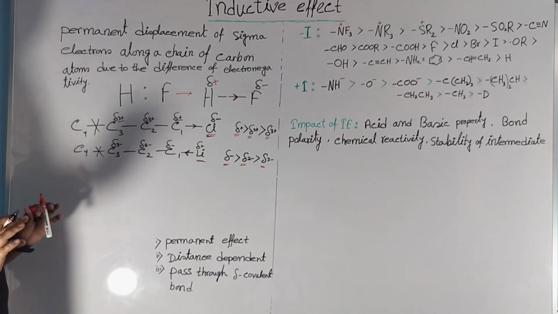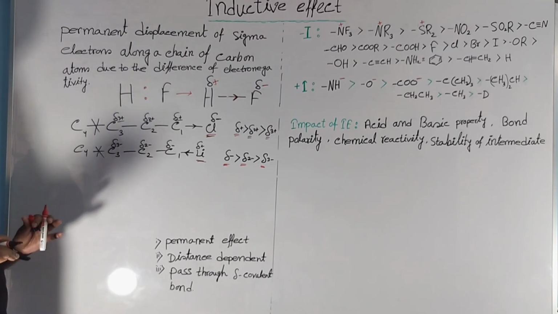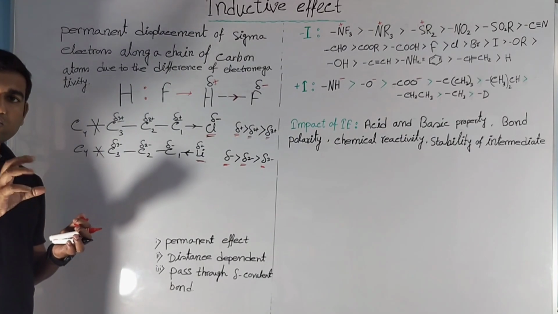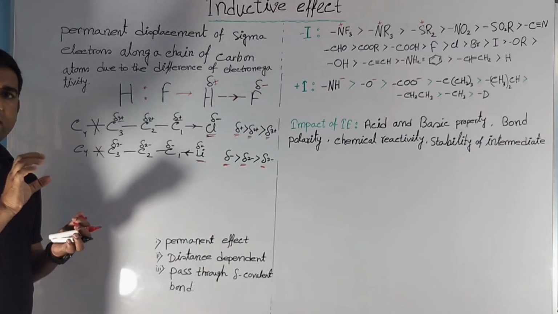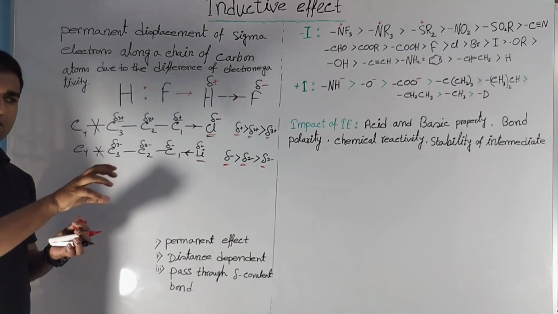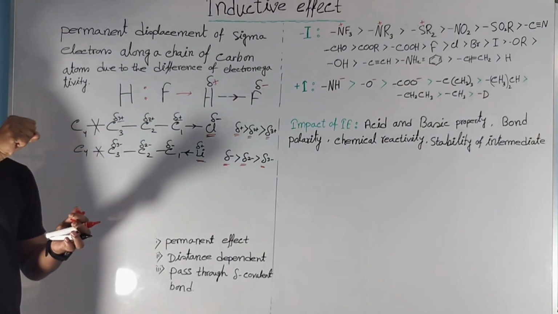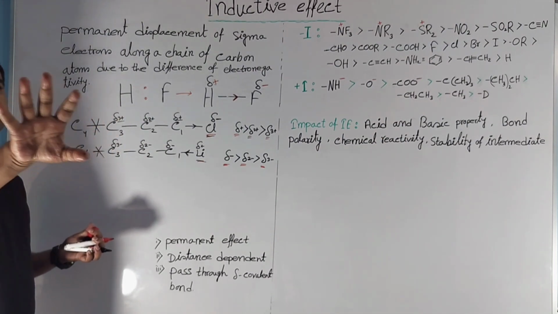Actually this will happen in the inductive effect in a hydrocarbon. If any electron withdrawing group or electron withdrawing atom is attached to a carbon chain, it always pulls the electrons towards itself. That's why the carbon chain acquires a partial positive charge.